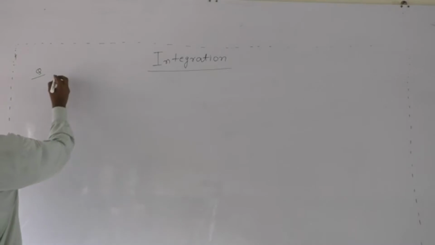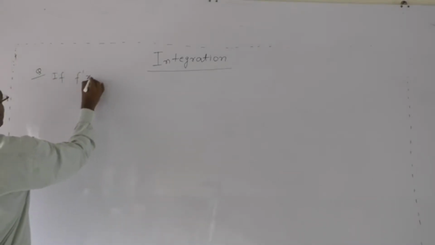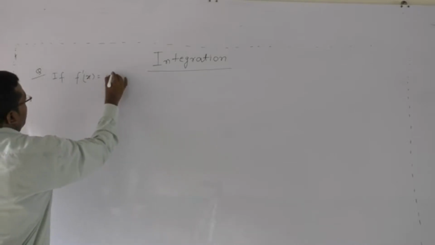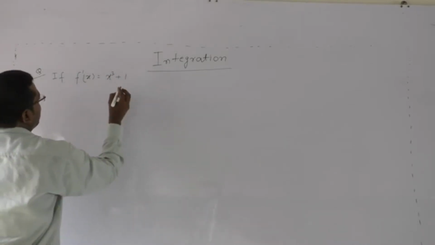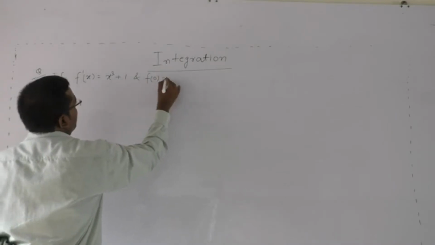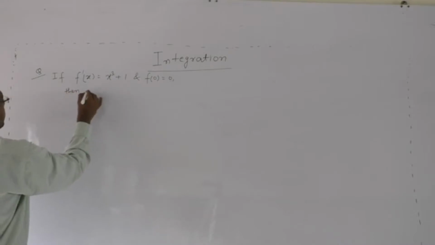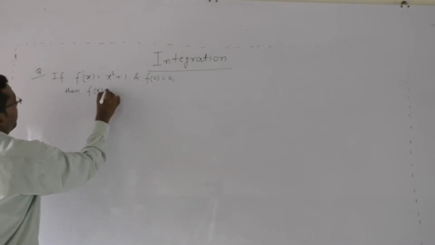Now the question is, if f dash x equals x cube plus 1 and f of 0 equals 0, then what will be the function f(x) that we have to find?